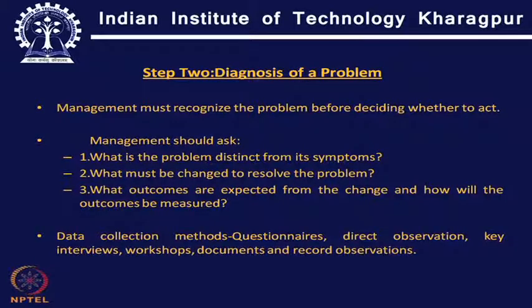So, we have to define first what expected outcomes are there when we deal with a particular problem and make some changes in the processes which are leading to that problem. And also important is how to measure that outcome. It is not enough to define a particular outcome, we have to measure that particular outcome.